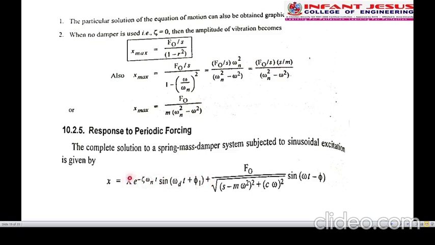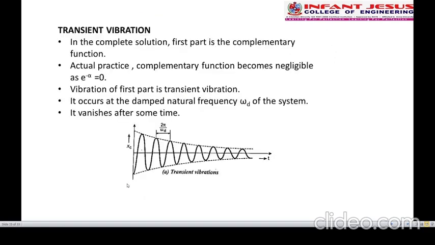So initially there will be some frequency value, but as time goes on, the first part becomes 0. So it is called the transient vibration. In the complete solution, the first part is the complementary function, which becomes negligible when time tends to infinity, since e power minus infinity is 0.